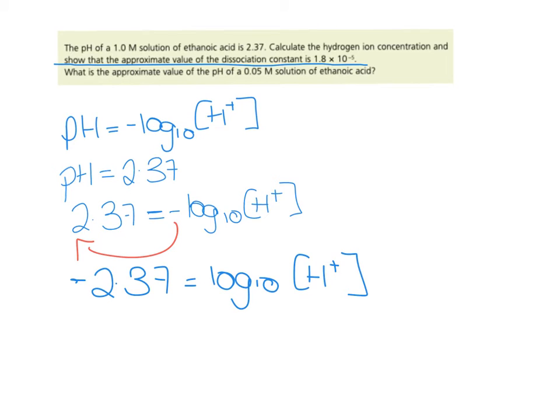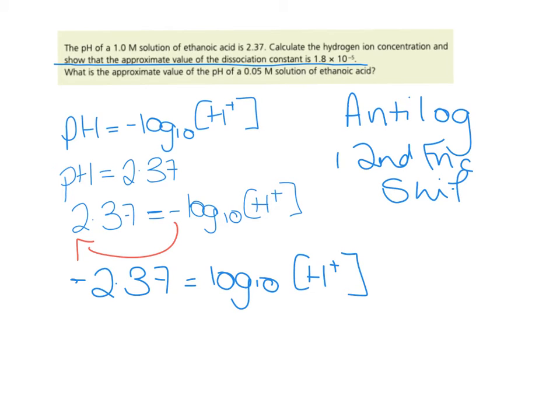Now to take the anti-log, on your calculator you press second function or shift and then press your log button, and when you do that you should see a 10 with a little box appear.